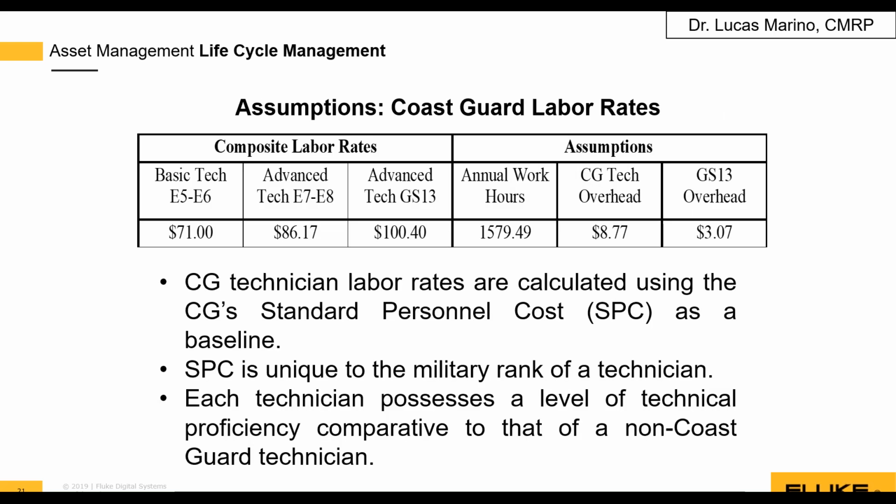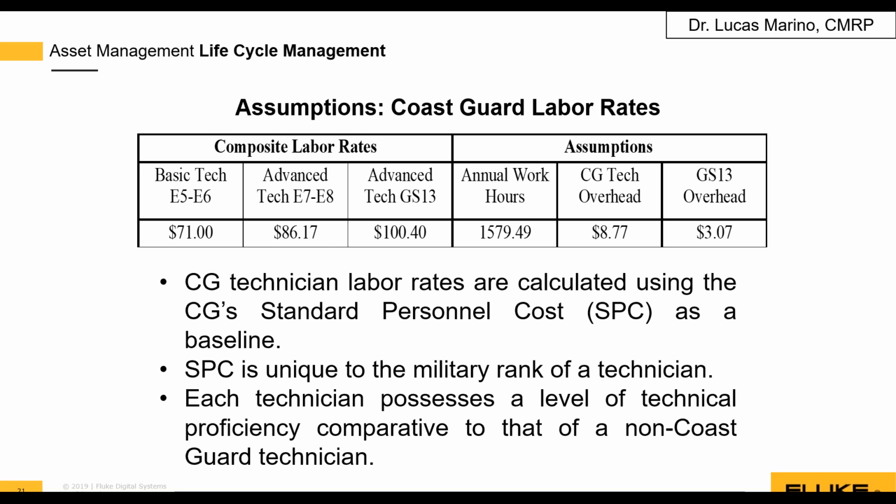So we had to work with a few assumptions in the research. Since economic analysis is so important, we had to establish some composite labor rates so that we could match apples to apples when we talked about rates for Coast Guard technicians against non-Coast Guard technicians. And so I had to create these rates based on pay scales and the standard personnel cost that the Coast Guard identifies.